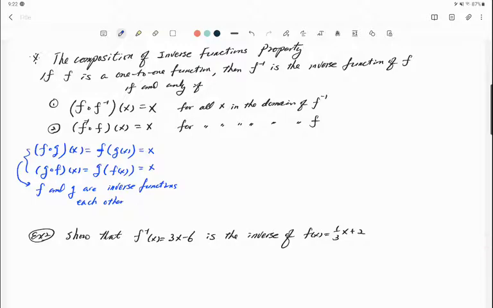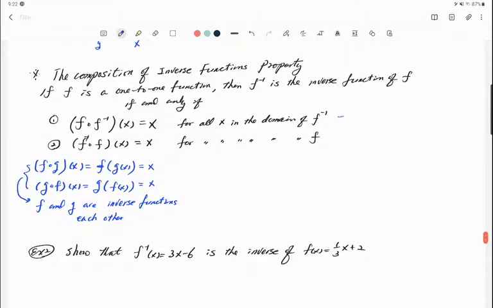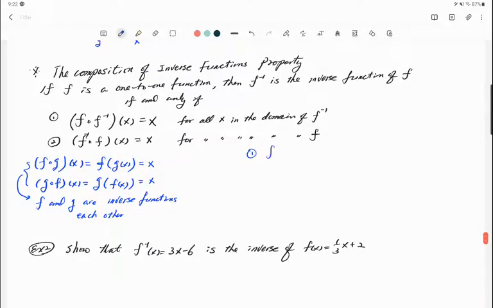All right. So this definition means this. If we rewrite it, the first condition is f circle f inverse of x. So f of the input will be f inverse of x, right? If this comes out as x, and the second one, f inverse circle f of x.